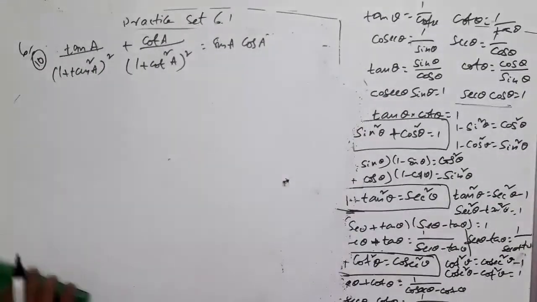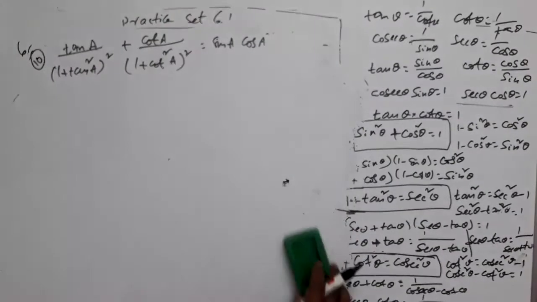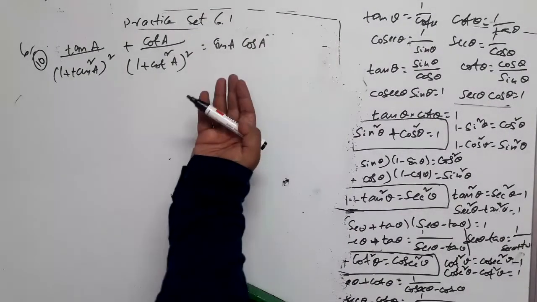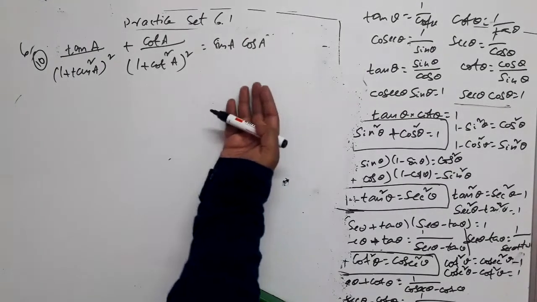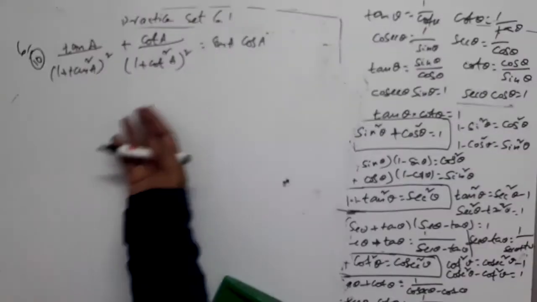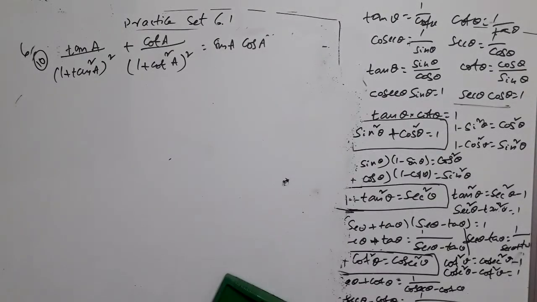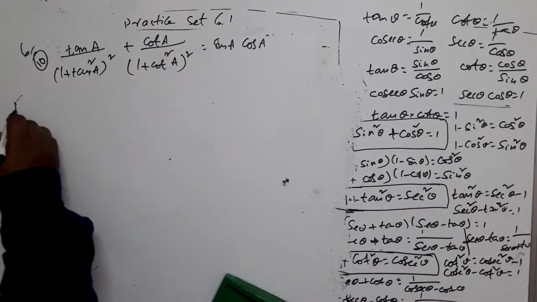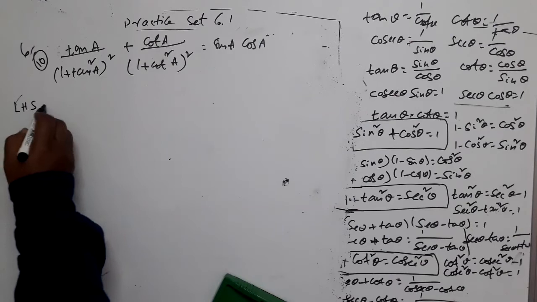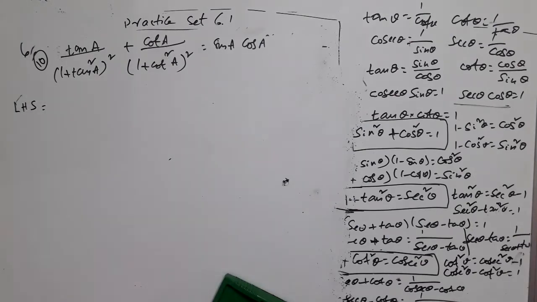Yes. How shall we proceed? Think. Right hand side part contains only simply sin A cos A. Left hand side part contains a complex expression involving tan and cot. How shall we proceed? So let us, yes, what you have got, the idea is correct. Let us start at left hand side part and let us bring right hand side part.